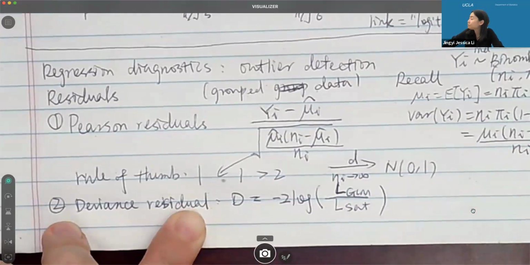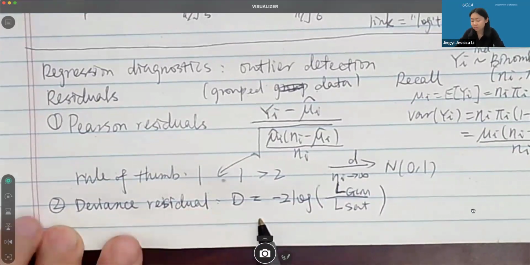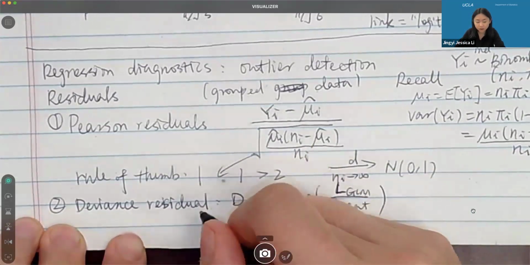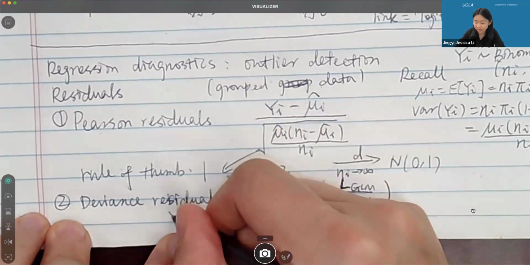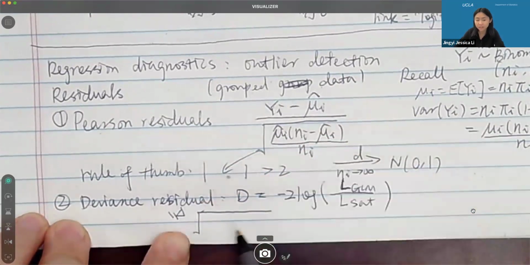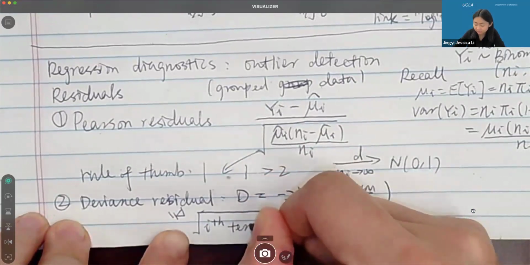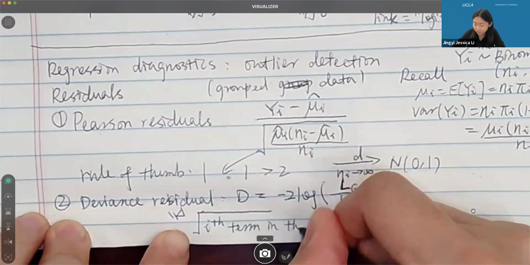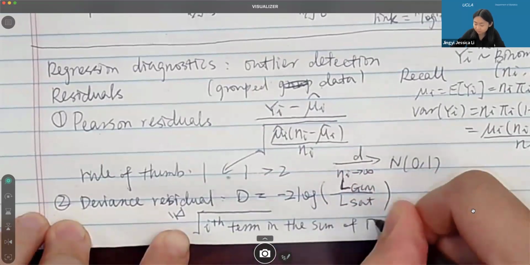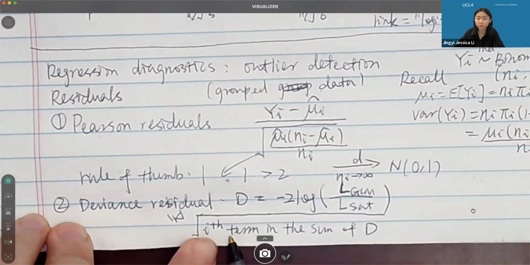It's about how well the model fits, and like the mean squared error, the smaller the deviance, the better the model fit. So when we say deviance residual, it is defined as the square root of the ith term in the sum of D. D can be written as a sum over i from 1 to n, the observations.